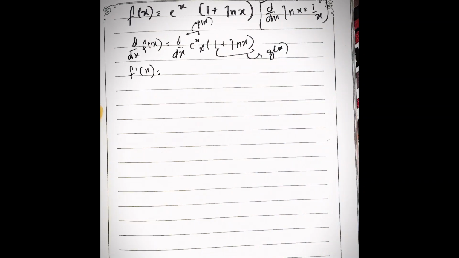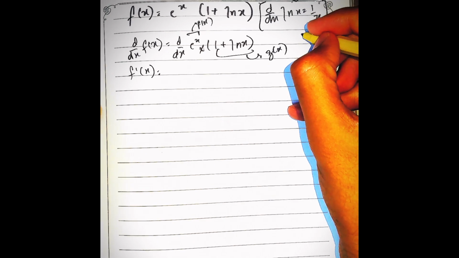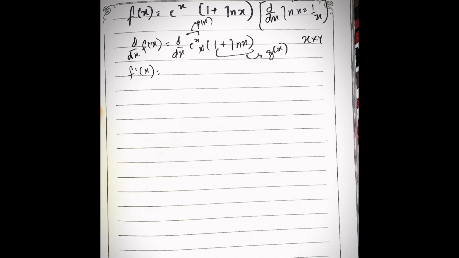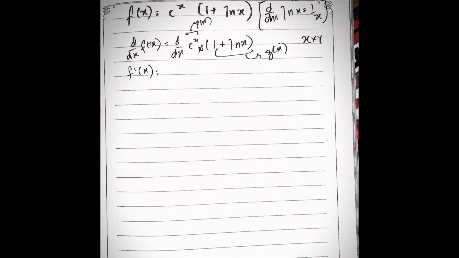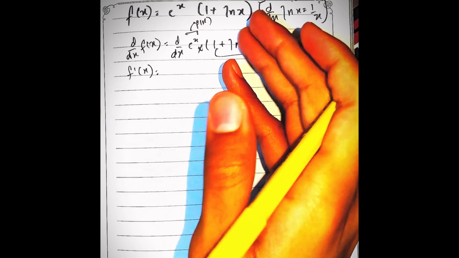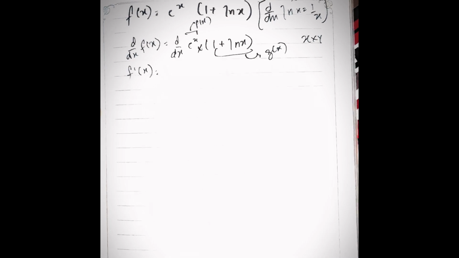Now how can we figure out if there are two functions? It is very simple. When you have x multiplied by y, those are two functions, because x is another variable and y is another variable. If you have two different variables, those are two different functions. Same is the case over here. e^x is a function in itself, and in 1 plus log of x, wherever you have a log, natural log or a simple log, it is another function.